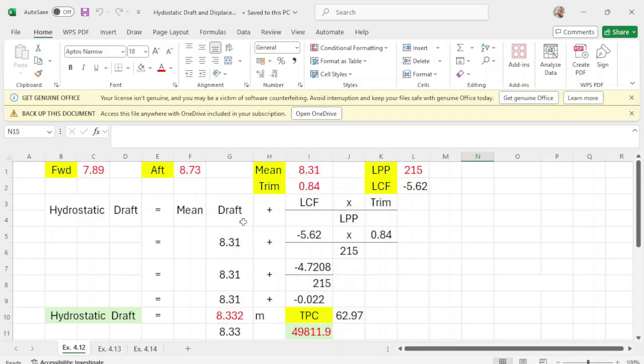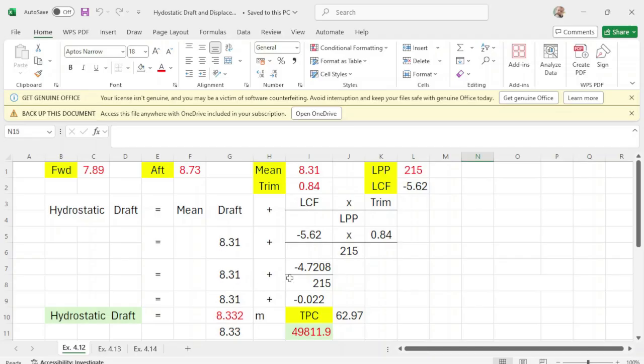So transpose, what is your mean drop? It is 8.31, and your LCF is negative 5.62. Your trim is negative 84, which is this one, and your LPP is 215. Okay, so apply the computation.